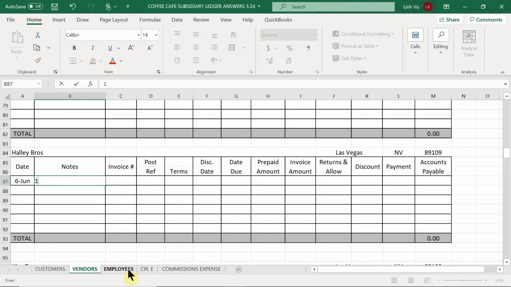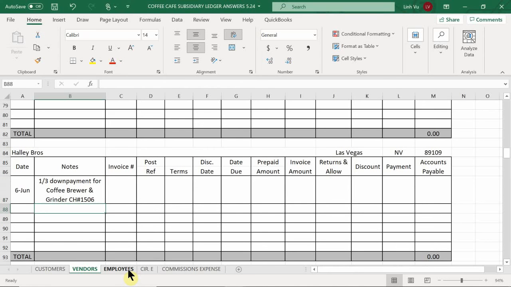In this case, I need to make a note that this was a 1/3 down payment for coffee brewer and grinder. And we used check number 1506.